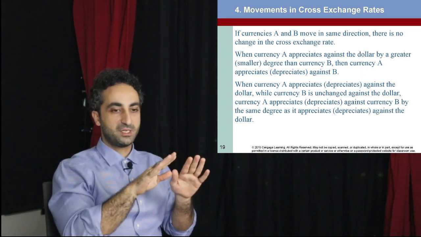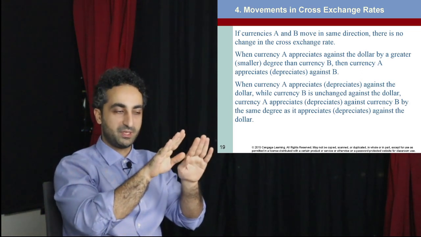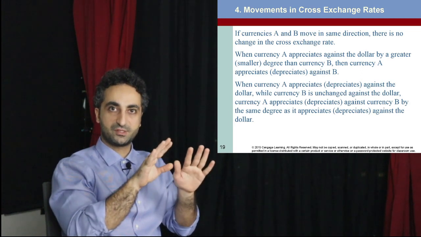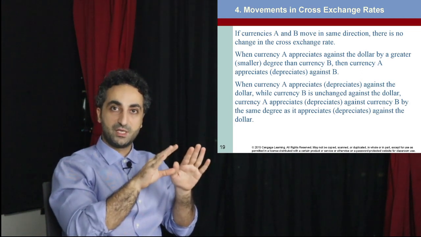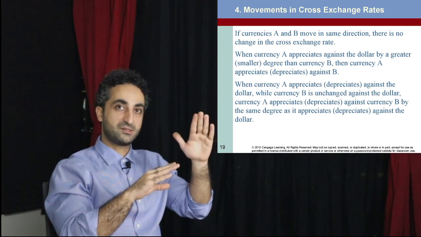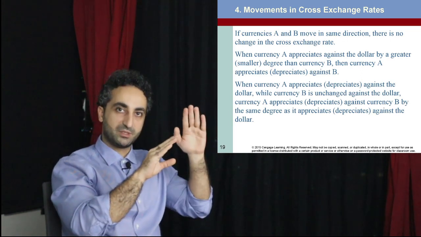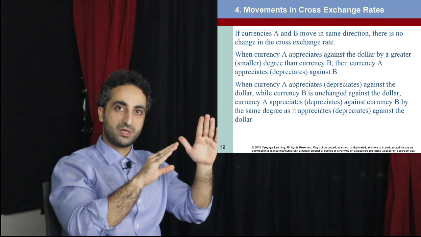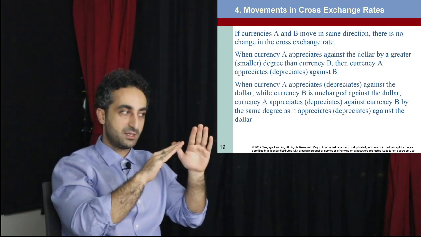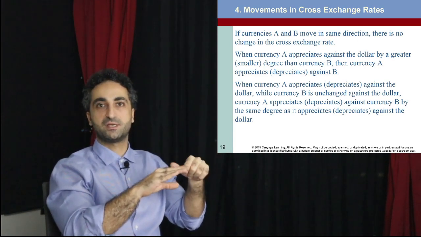So let's say if both of us go up to the same degree, there is no difference in our exchange rate. However, if the Singaporean dollar appreciates against the dollar more than we appreciated, so we both appreciated, but the Singaporean dollar appreciated faster than us, then the Singaporean dollar will appreciate against our currency.